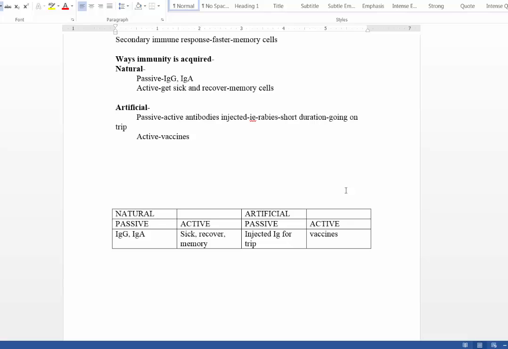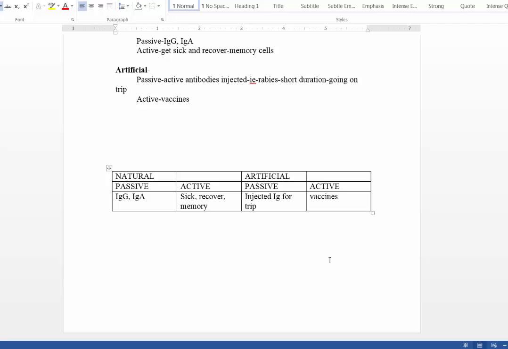It can be artificially active, meaning you get a vaccine, like you get a flu shot every year. Or it can be artificially passive, meaning you're going on a trip to some exotic location and you need a specific antibody to protect you while you're there. Very short term, it'll last maybe a few months, just long enough for you to get there and get back.